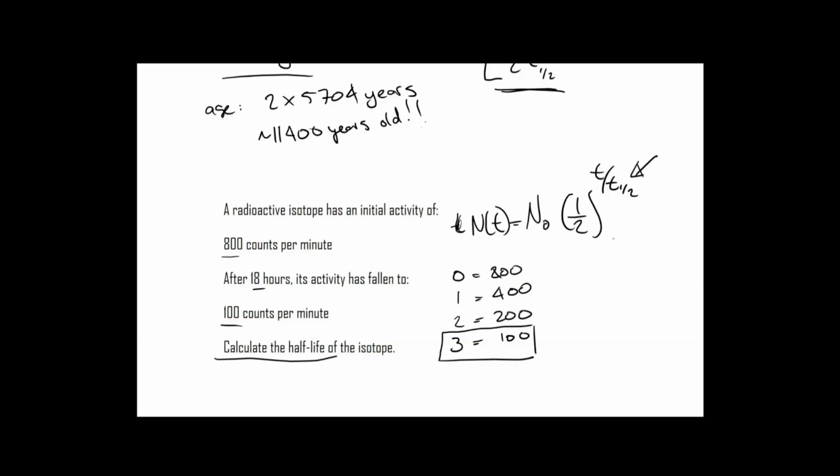If we wanted to solve this one, we're going to need logarithms. So it's after three half-lives. 18 hours divided by 3 is, of course, 6 hours. I wouldn't do it in seconds because they give it to you in terms of hours, even though this is 800 clicks per minute. So this here is kind of a red herring.